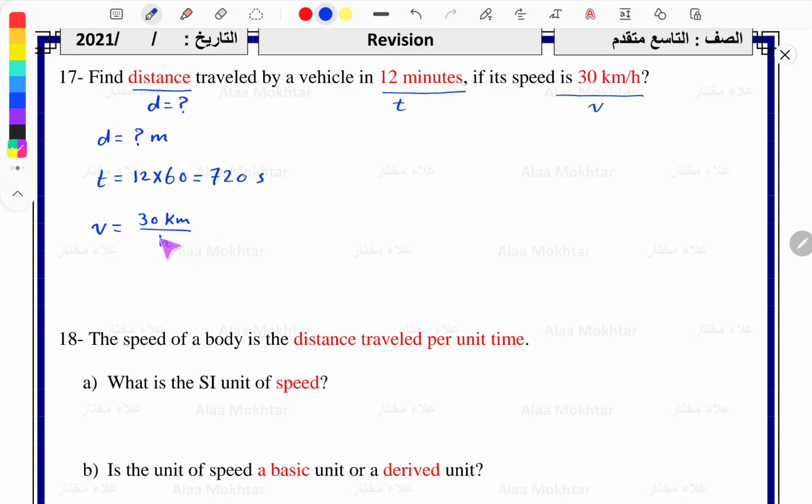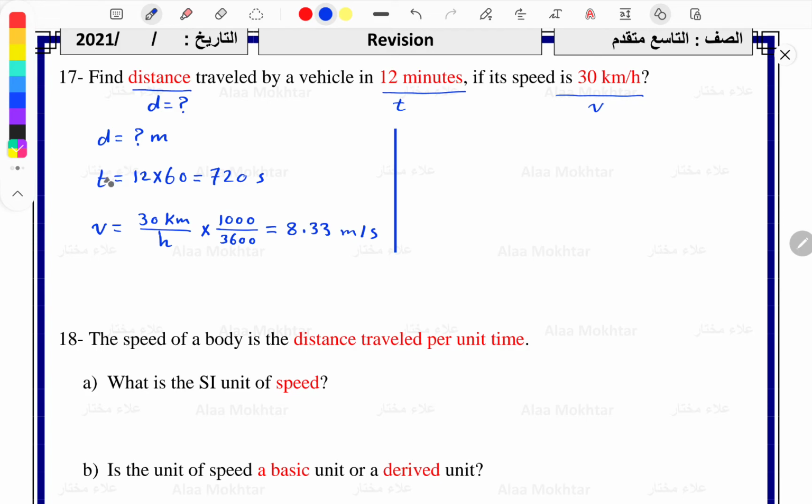To convert from kilometer per hour to meter per second, multiply by 1000, divide by 3600. The answer will be 30 times 5 divided by 18, or 1000 divided by 3600. It will be 8.33 meter per second.